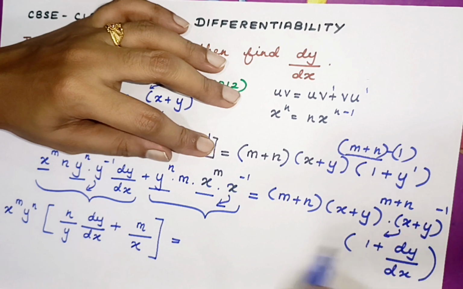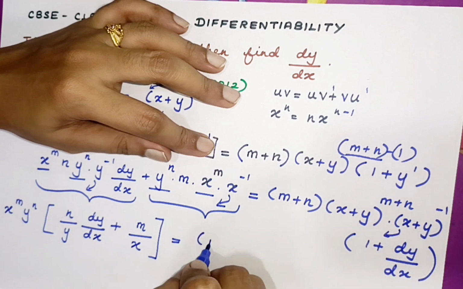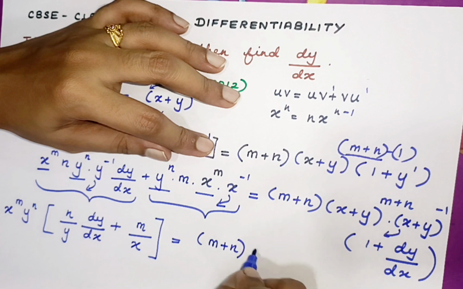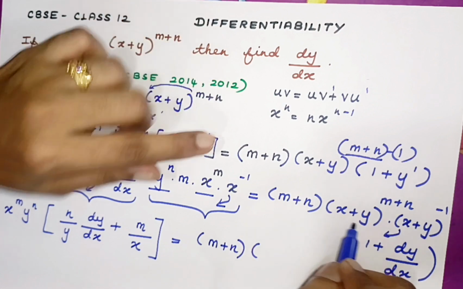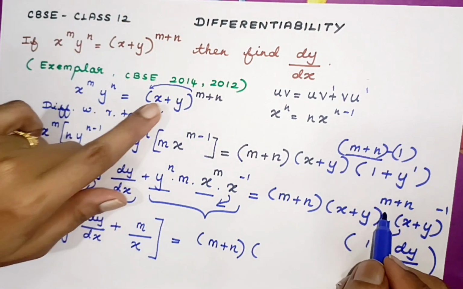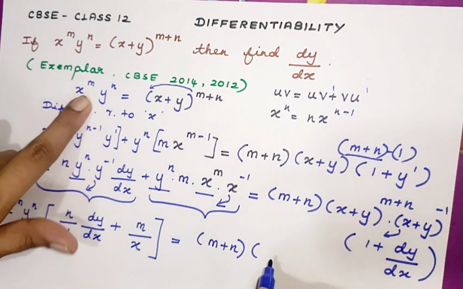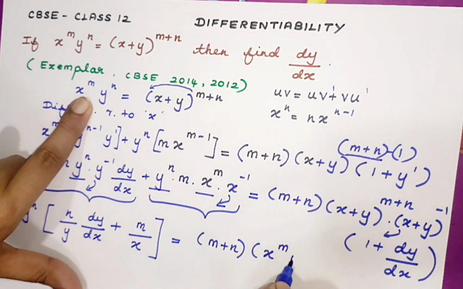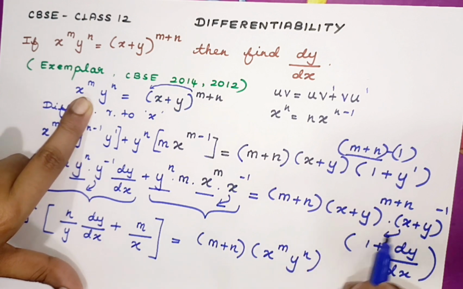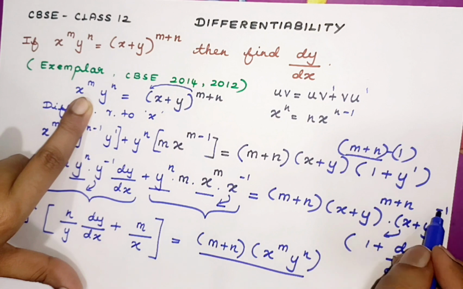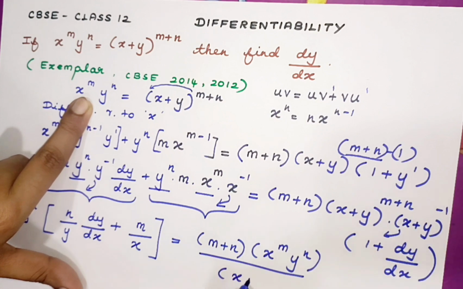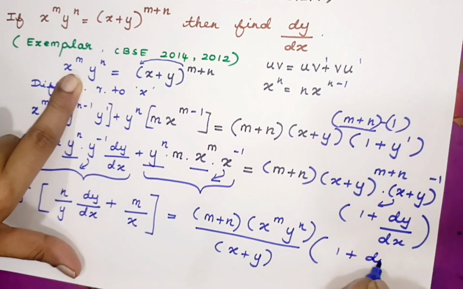So we will get m plus n into, for this x plus y the whole power m plus n, we shall take this x power m into y power n. In the question itself they have given. While I am inverting this one, I am taking to the denominator, so the minus sign becomes plus. So we will get x plus y alone into 1 plus dy by dx.